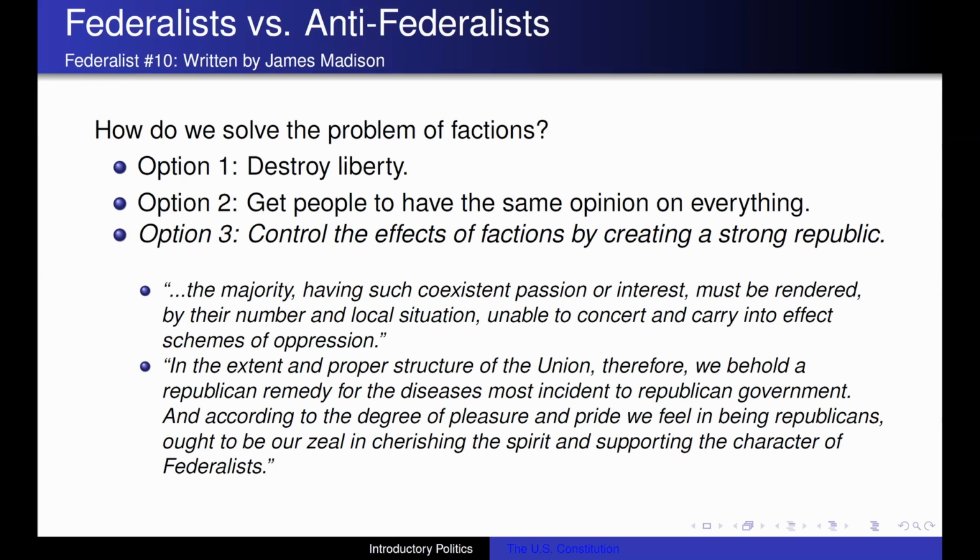And so this last part here, he says, in the extent and proper structure of the union, therefore, we behold a Republican remedy for the diseases most incident to Republican government, essentially further making the claim that having a stronger government is the only real way to try to solve this problem of oppressive factions.